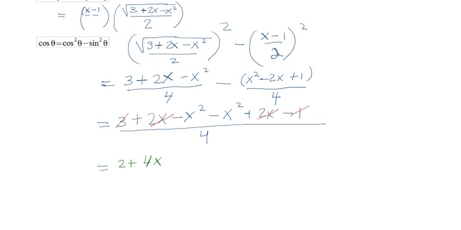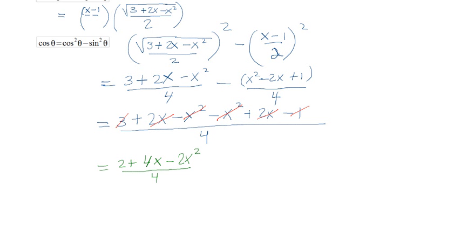And on the x squares, I have 1 negative and 1 negative, so I have 2 negatives. And that's it for the top. And that's the whole thing divided by 4.